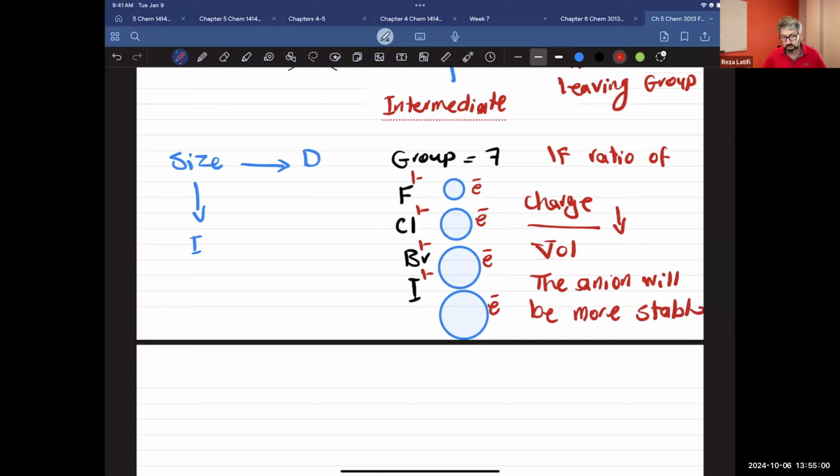Remember, the only thing changing here is the volume or size of the particle. The volume is getting bigger and bigger. So between all of these, which one is going to be the best leaving group? I'm going to say iodine. Why? Because the charge is not changing.